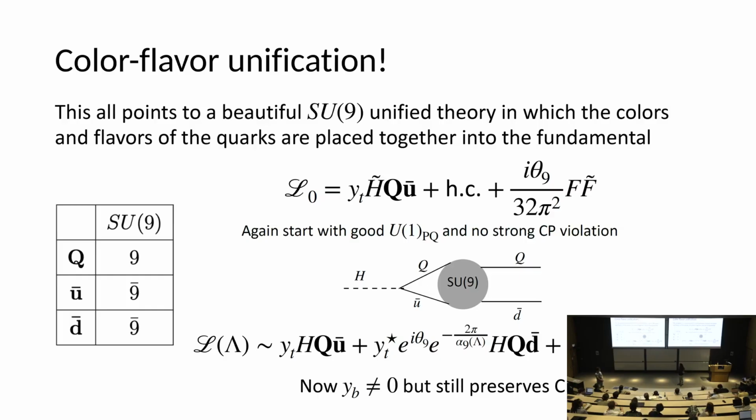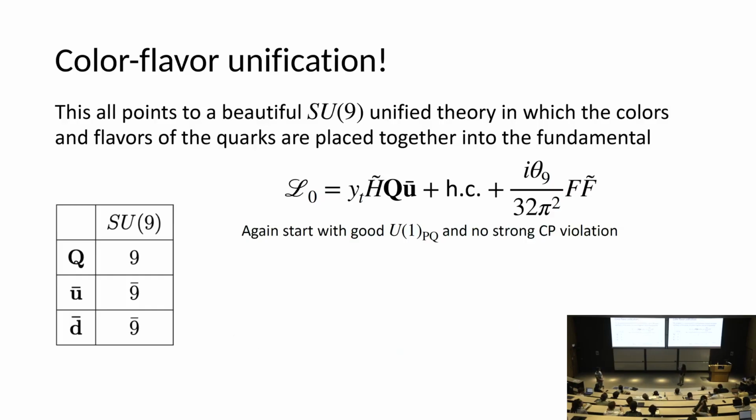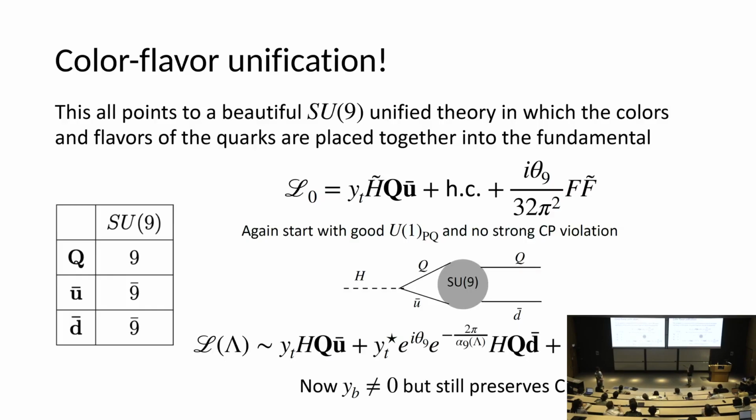Indeed. So of course, to get a realistic spectrum, you do need to have some breaking. We also have all these extra gauge bosons, as was pointed out. You need to Higgs these, and the flavor structure has to come from Higgsing the flavor symmetry down from the UV into the infrared. So indeed, at some intermediate stage, going from SU(9) down to the standard model, you could try to break in a generation-dependent way.